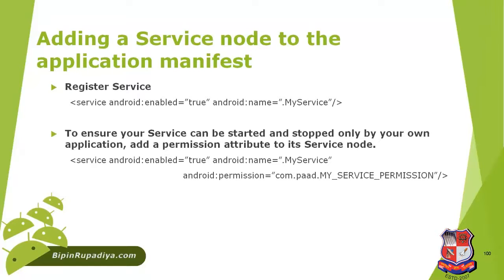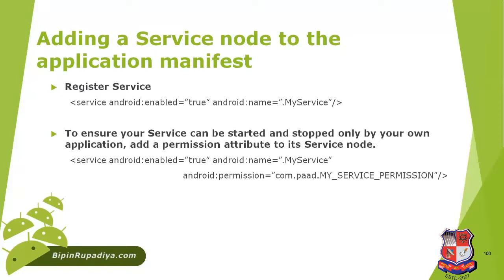Just see right here, we have utilized dot and my services. So what happened, we are registering the my services. One more thing: if you want to put a permission so that only your application can start or stop your services, then you can add the permission tag, and there you need to specify a unique string.